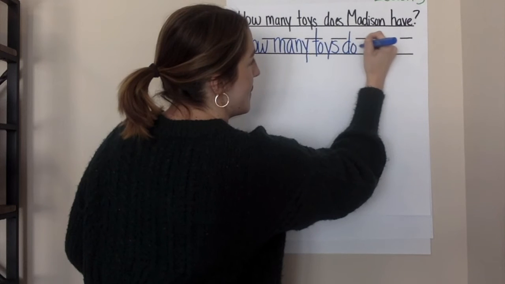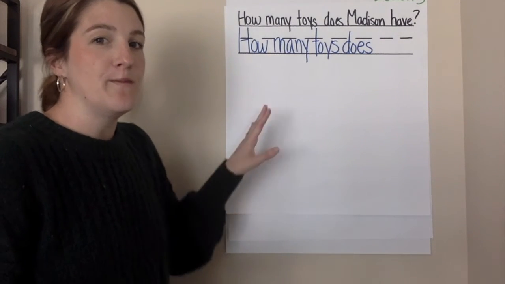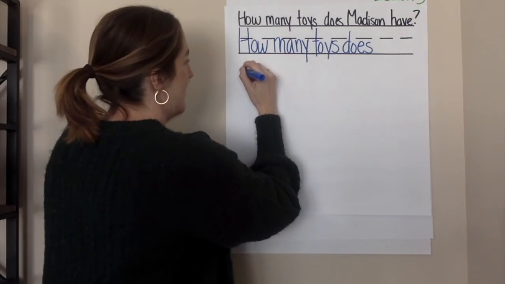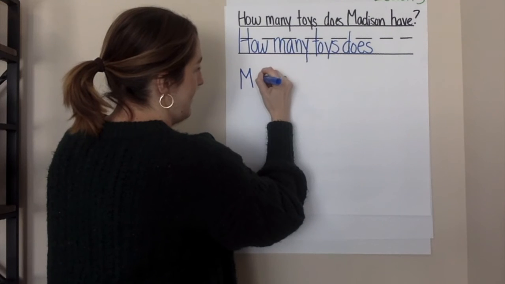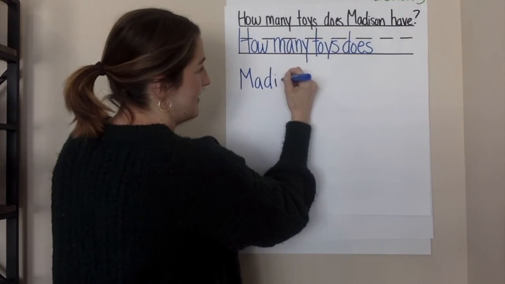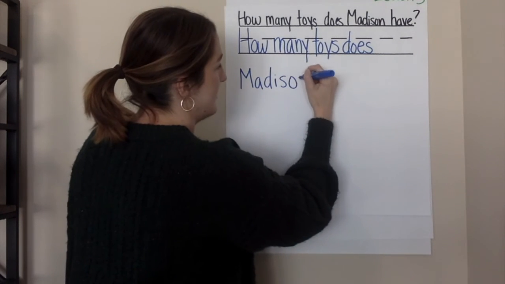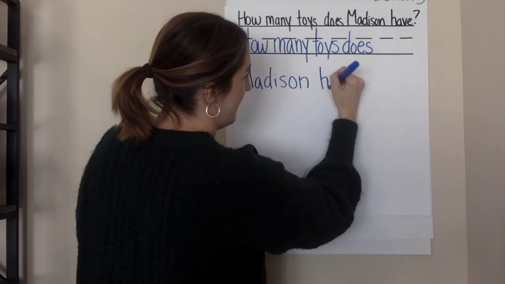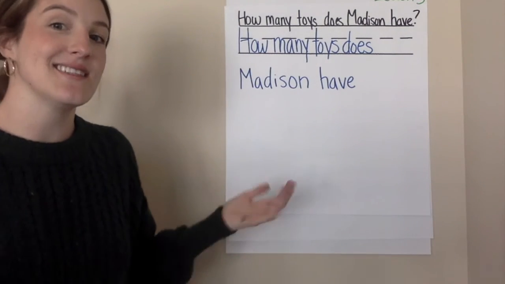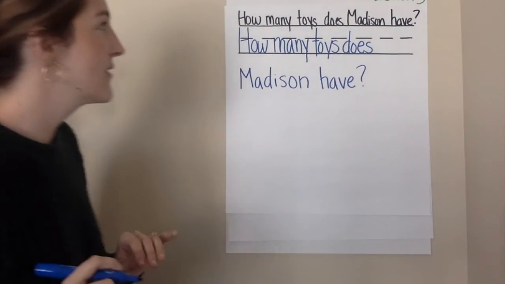Does, uh-oh, I'm gonna run out of room. That's okay, I'm gonna finish my sentence right down here. Madison, and I remember to capitalize the M because it's a proper noun, it's someone's name. Does Madison have? And at the end of my sentence, I need to put a question mark because I'm asking.